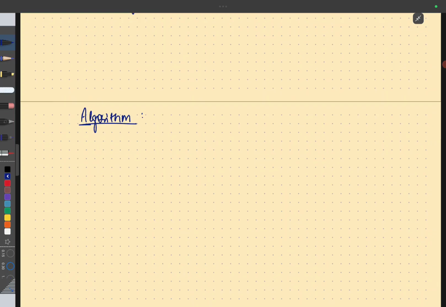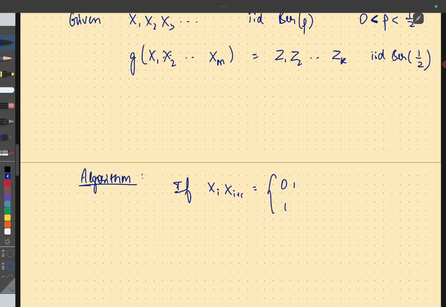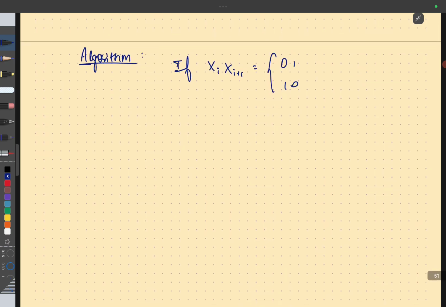So you do the following. The algorithm reads pairs of xi's at a time. Let's say you want to generate one Bernoulli half random variable.